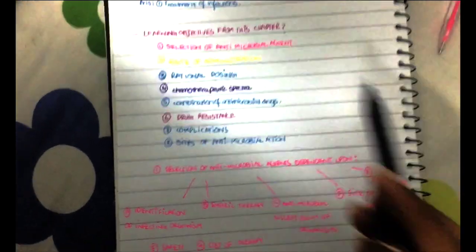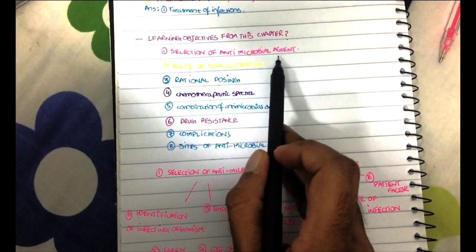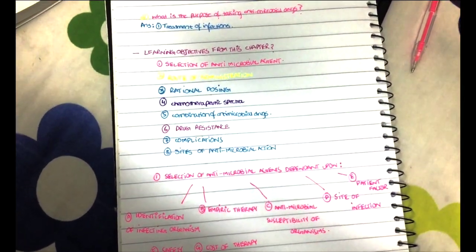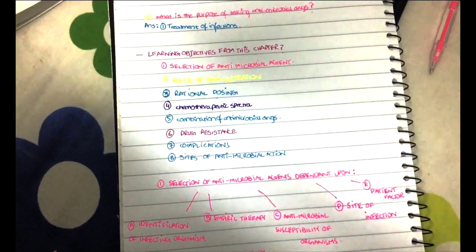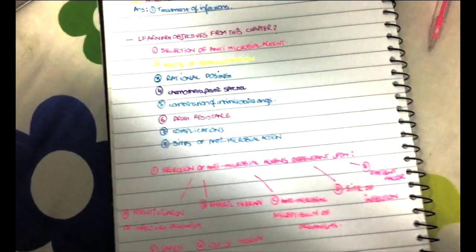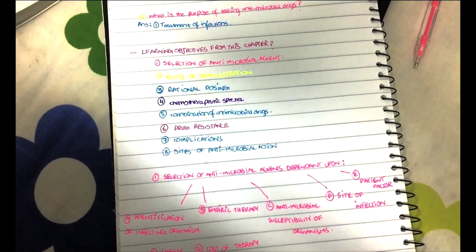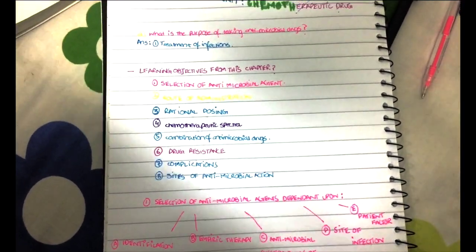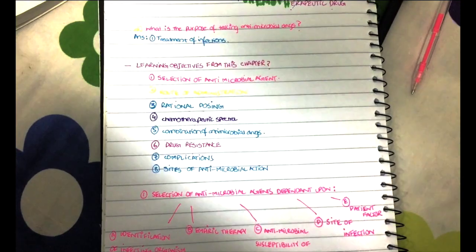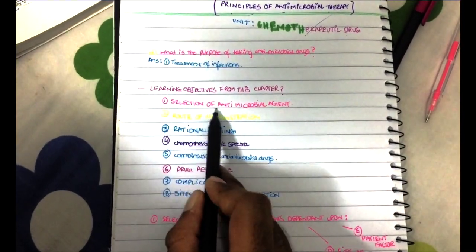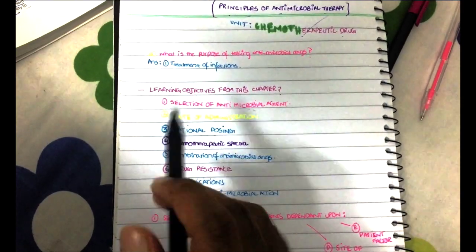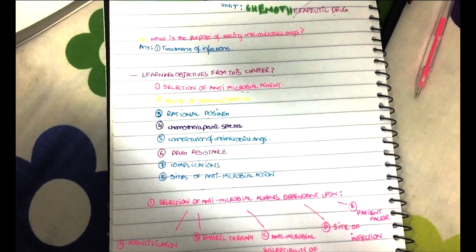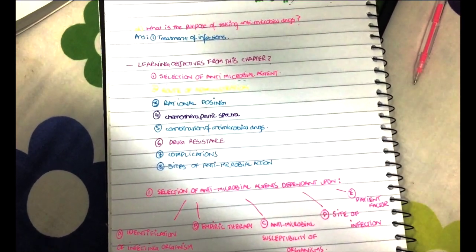The learning objectives are selection of antimicrobial agent, number one, like these are the subtopics, and we'll divide these subtopics into further subtopics, and we'll learn and memorize the content which will come under these subtopics. The subtopic we're gonna cover today is only gonna be selection of antimicrobial agent. First of all, I'd like you to know the main topics from this chapter that we need to study in detail.